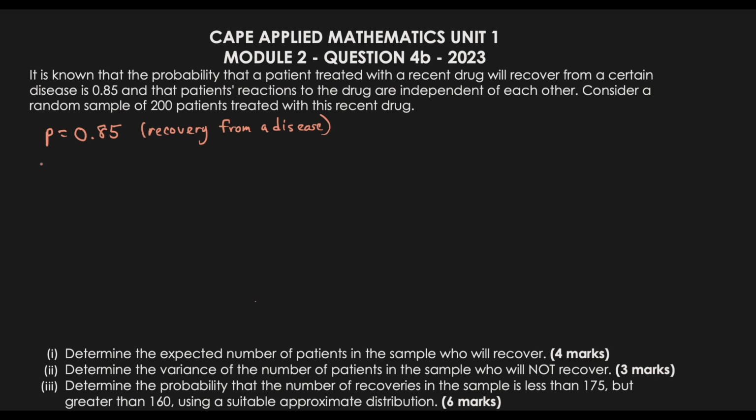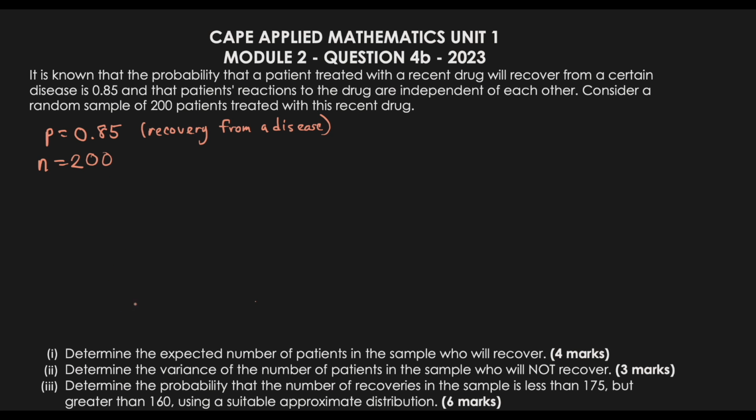You can review the conditions that we need for a binomial distribution to understand why this here is a binomial distribution. So this cap was a key thing for me. It has a cap of 200. We have a probability that is either yes or no, basically recovery or no recovery. And the next key thing, they are independent. So we have P equal to 0.85, N equal to 200.